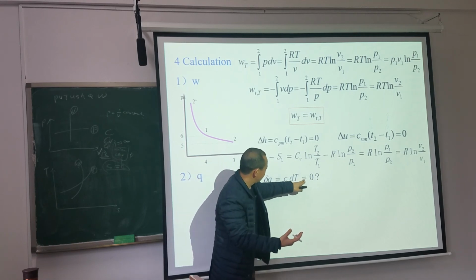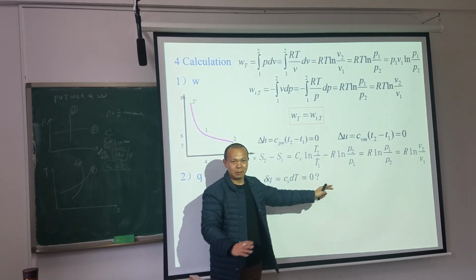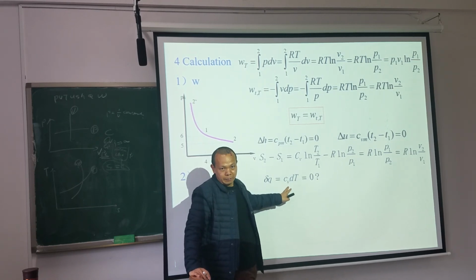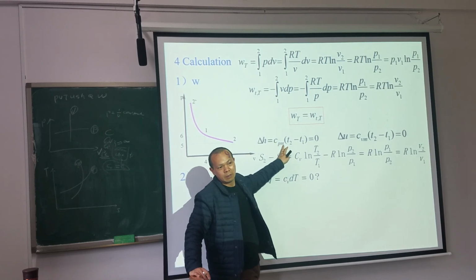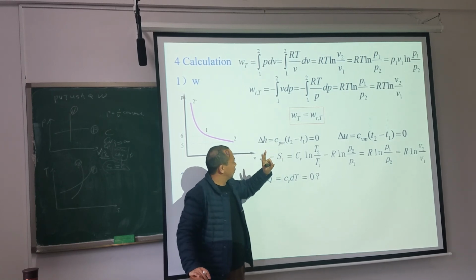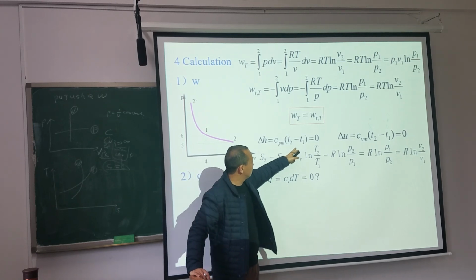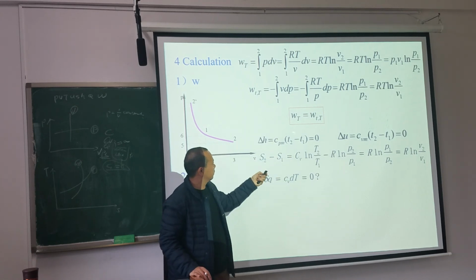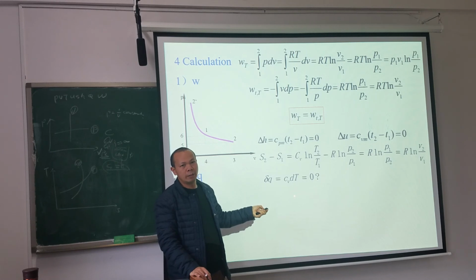So this may not equal 0. We can say CV and CP are meaningless here. Do you think this equation is right here? This equation, and this equation, I don't think they are right.